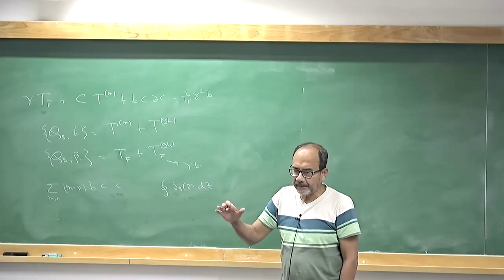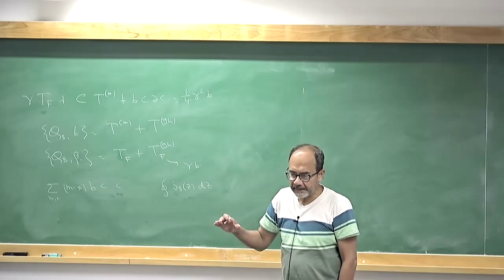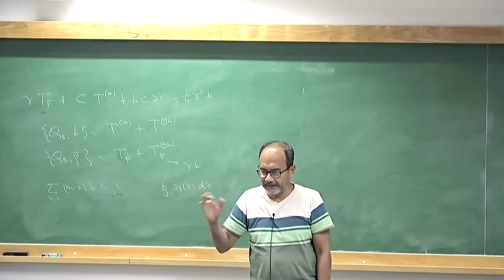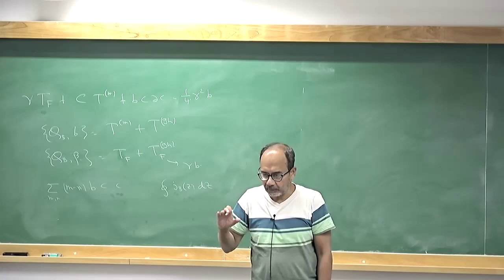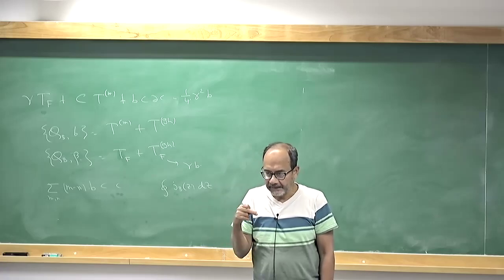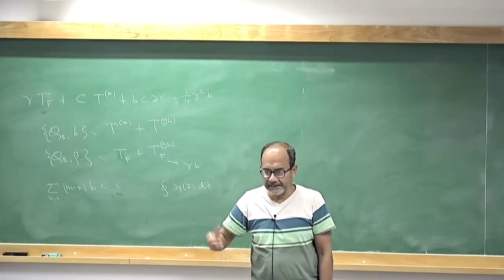Constant sigma is constant sigma, either Lorentzian or Euclidean. Constant tau basically becomes constant t under analytic continuation, but the integration is always done over sigma, and that sigma doesn't go from Euclidean to Lorentzian. Sigma is always integrated from 0 to 2 pi.